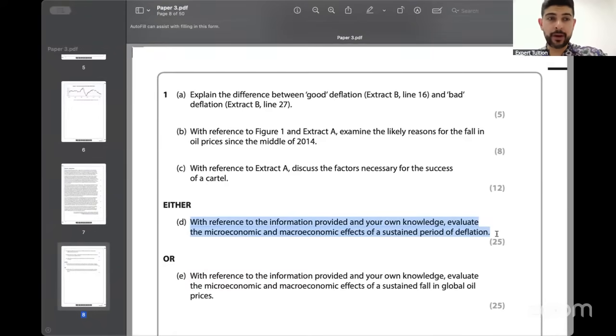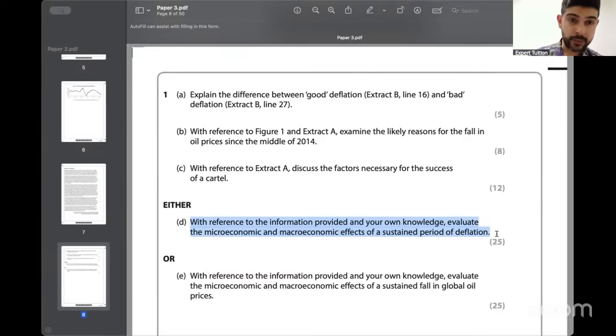Now, on a macro level, by the way, if people are not spending as much on houses because they're waiting for bargain prices, what does that do to house prices? Well, house prices now start to go down. And if house prices start to go down, what do people experience? Hopefully, you know they experience a negative wealth effect. And if they experience a negative wealth effect, they are less confident. Consumer confidence decreases. If consumer confidence decreases, consumption, the biggest component of AD, goes down.